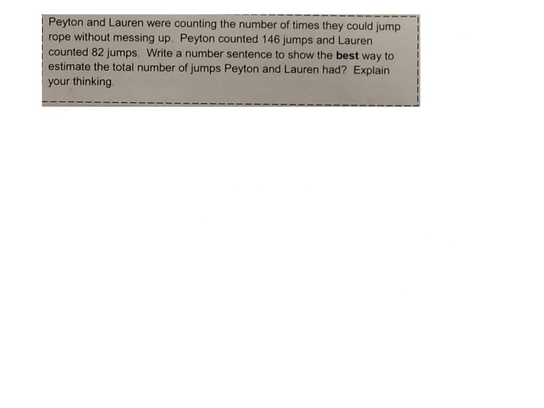This time I'm going to use compatible numbers. The great thing about compatible numbers is that these are the numbers that make sense to you, the numbers that you find easiest to work with. We might not all have the same estimation, but as long as they're close, it's a correct response. My numbers are 146 plus 82. If I was to change 146 to 200, that wouldn't necessarily be the best estimation because that's changing the number quite a bit.